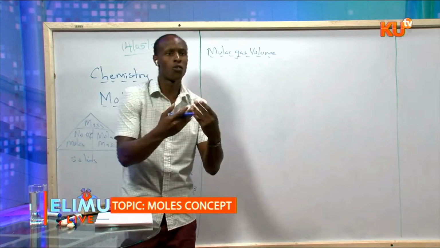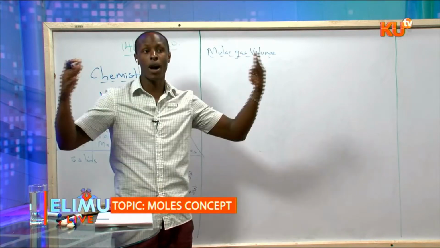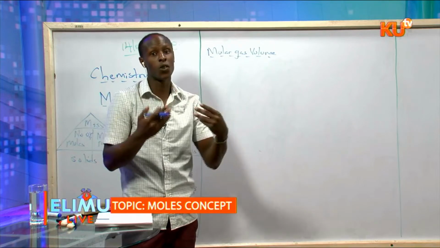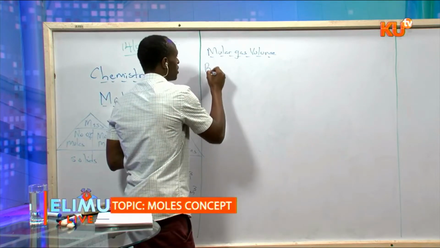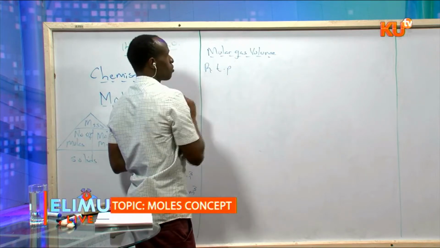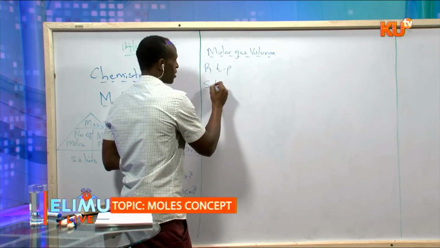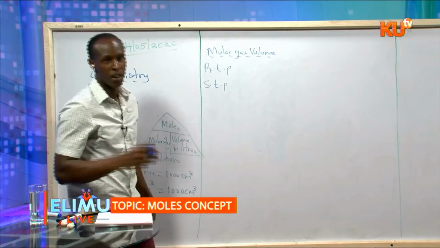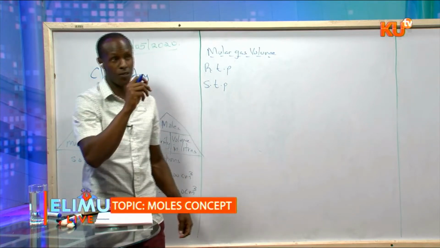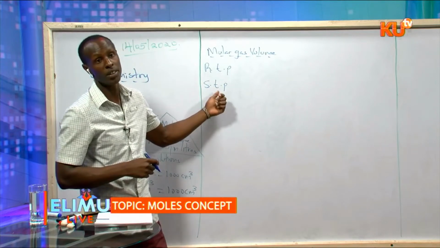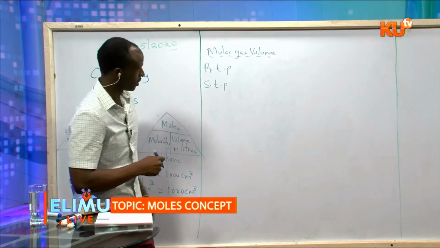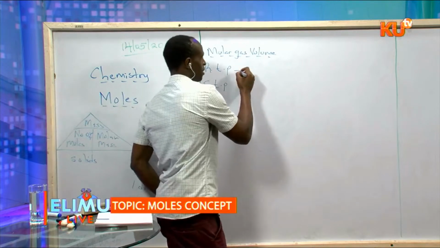Because the molecules of gases are far apart, they don't have definite volume. That's why sometimes we refer to their volume when it is at RTP, room temperature and pressure, or when it is at STP. Our room temperature is 25 degrees. STP is when the temperature is at 0 degrees Celsius. So what does it state at RTP?